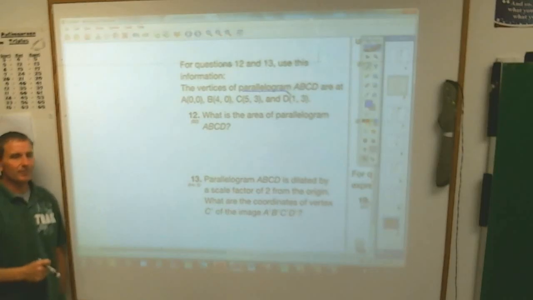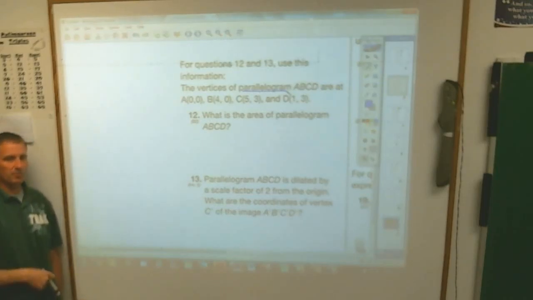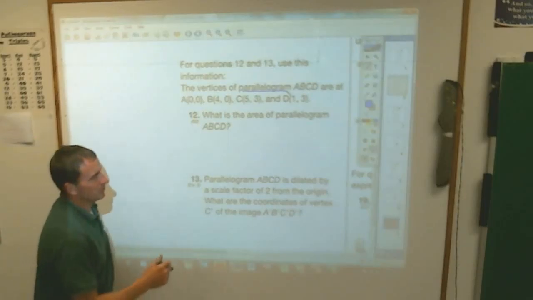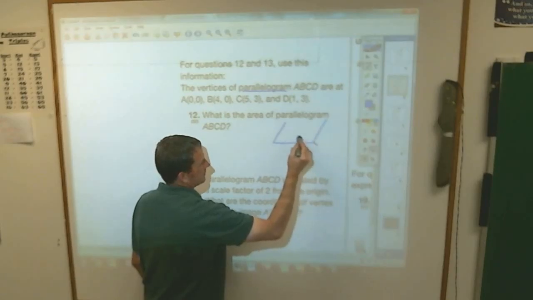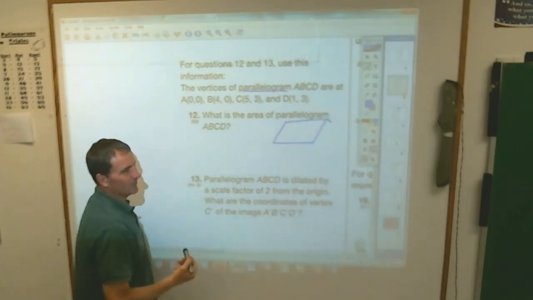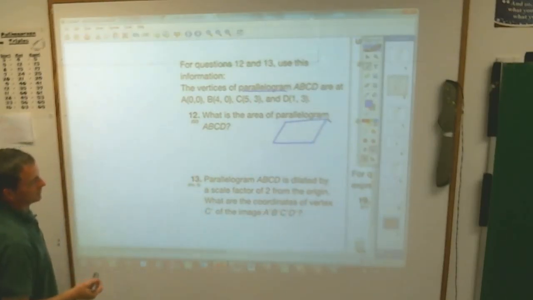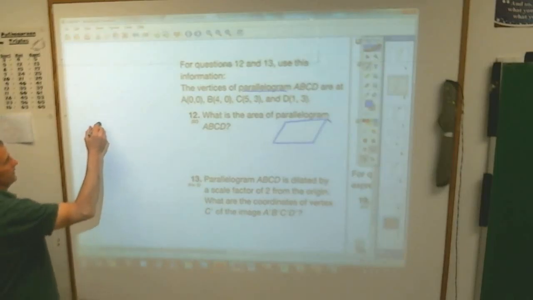Right off the bat, you should understand what a parallelogram looks like. It could be a rectangle, but they would probably say rectangle if it were. So probably the shape you're going to graph is going to look like this. If you don't get that shape when you graph it, probably you went somewhere astray.